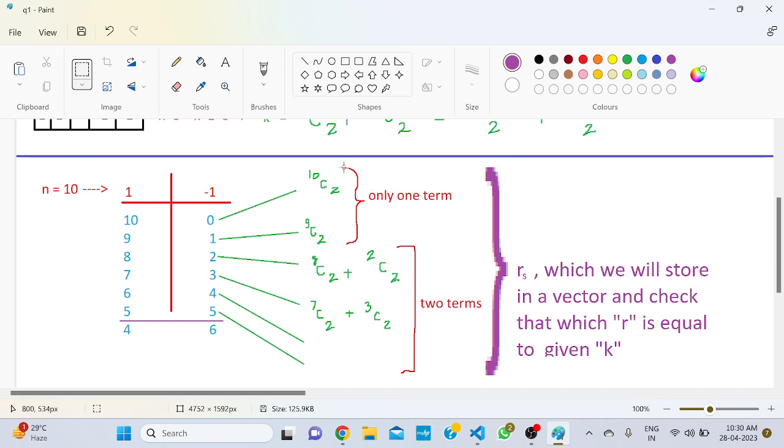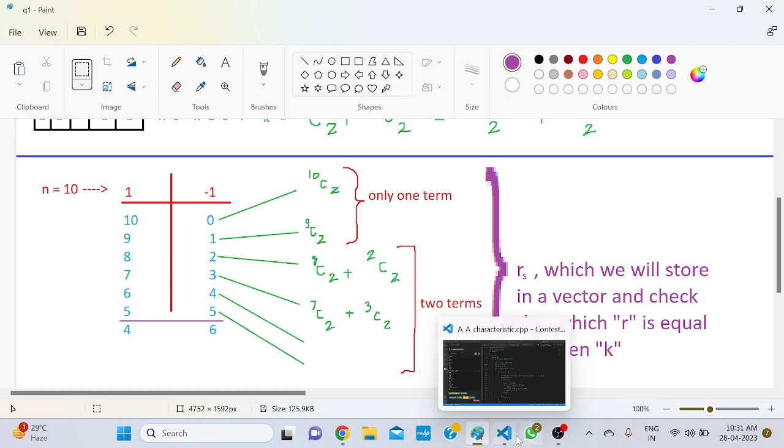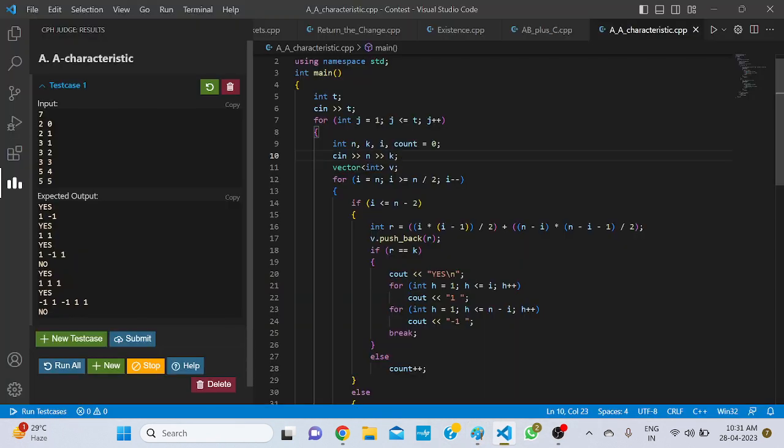Because for the terms excluding the first two terms, the formula is iC2 plus n minus iC2. So we have written here iC2, which is i into i minus 1 by 2, and n minus iC2 means n minus i into n minus i minus 1 by 2. And we will store this r in the vector.